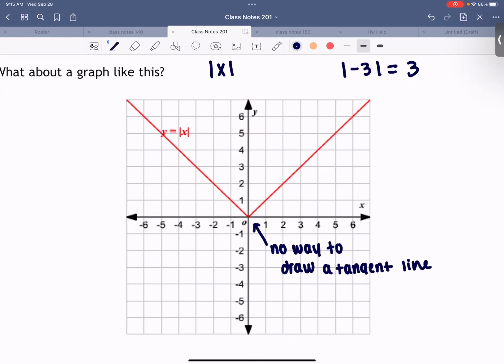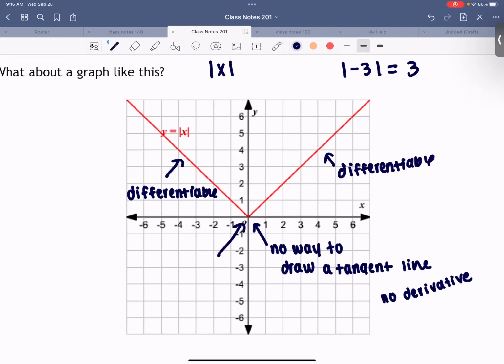Doesn't exist, right? There is no line to take the slope of, so there's no derivative. Okay, so this is an example of a function that we say is not differentiable at 0. Okay, can I take the derivative of the function over to the left? Yeah, right. So it's differentiable here. Okay, it's differentiable on the right, right? But it's not differentiable at 0.